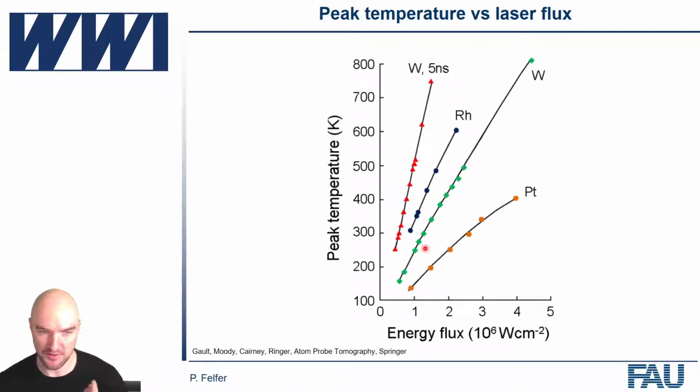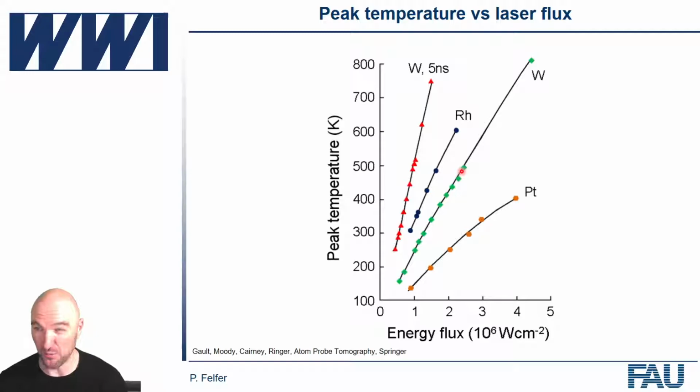This also means, of course, that the flux of atoms is strongly dependent on the peak temperature that we heated up. So here we see, okay, if we increase the flux of photons into a specimen, we get a more or less linear dependency with the peak temperature as well. And this is a strong hint for the thermal nature of the evaporation.